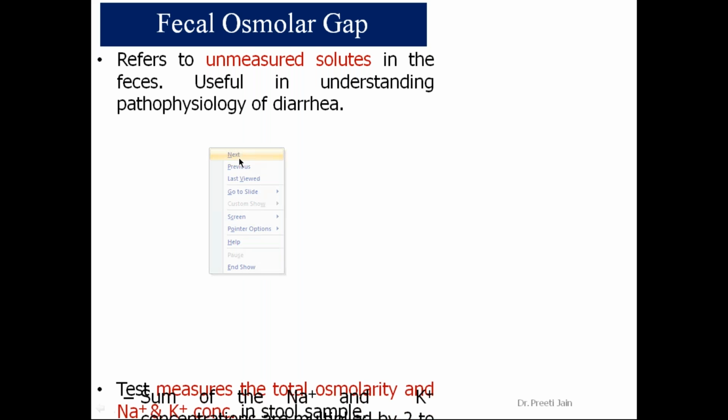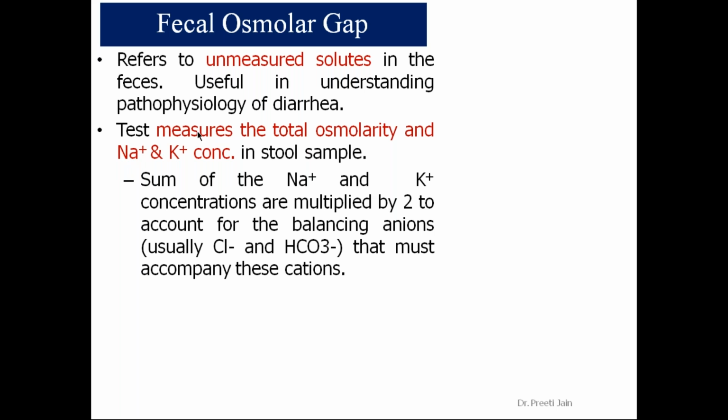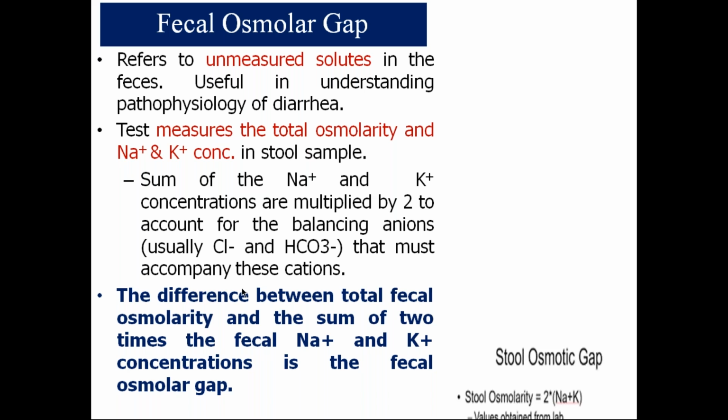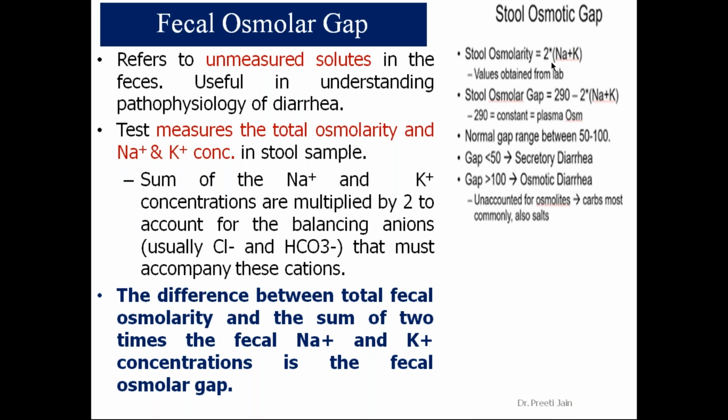Fecal osmolar gap. What is this? This basically measures the total osmolarity and sodium and potassium concentration in a stool sample. Okay? So what you do is take the sum of sodium and potassium concentrations and multiply it by 2, right?